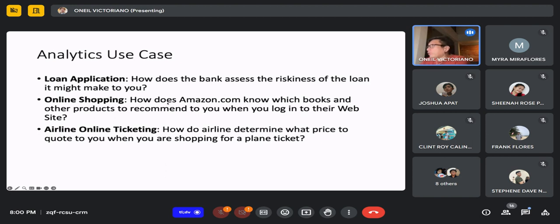Another use case is looking into how Amazon.com knows which books and other products to recommend to you when you log into their website. So recommender system, which is part of analytics. And lastly, a use case like airline online ticketing. So how do airlines determine the price to quote to you when you are shopping for plane tickets? And all of these use cases basically use analytics.